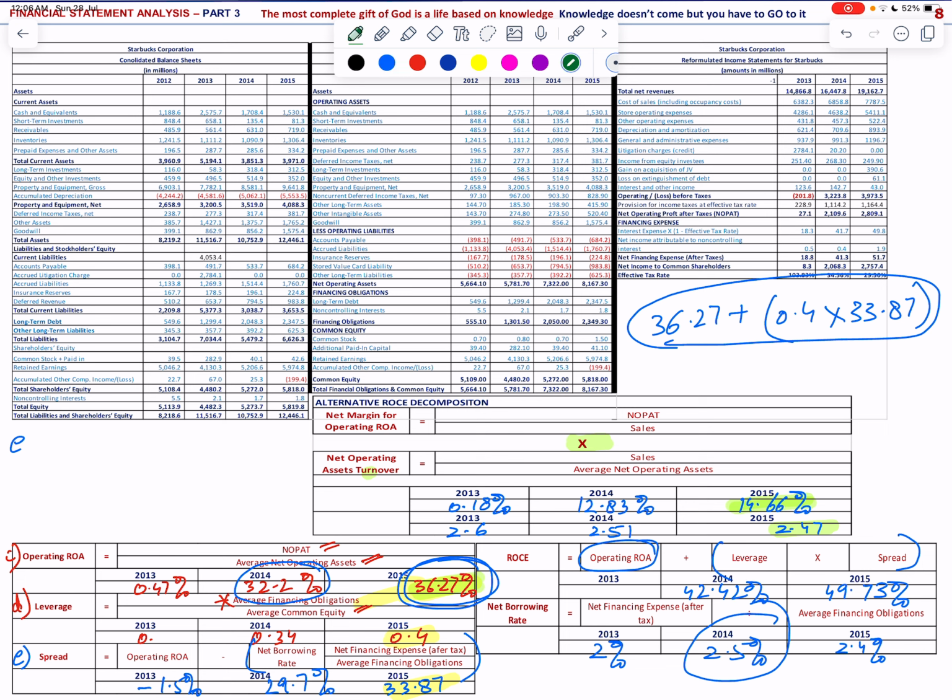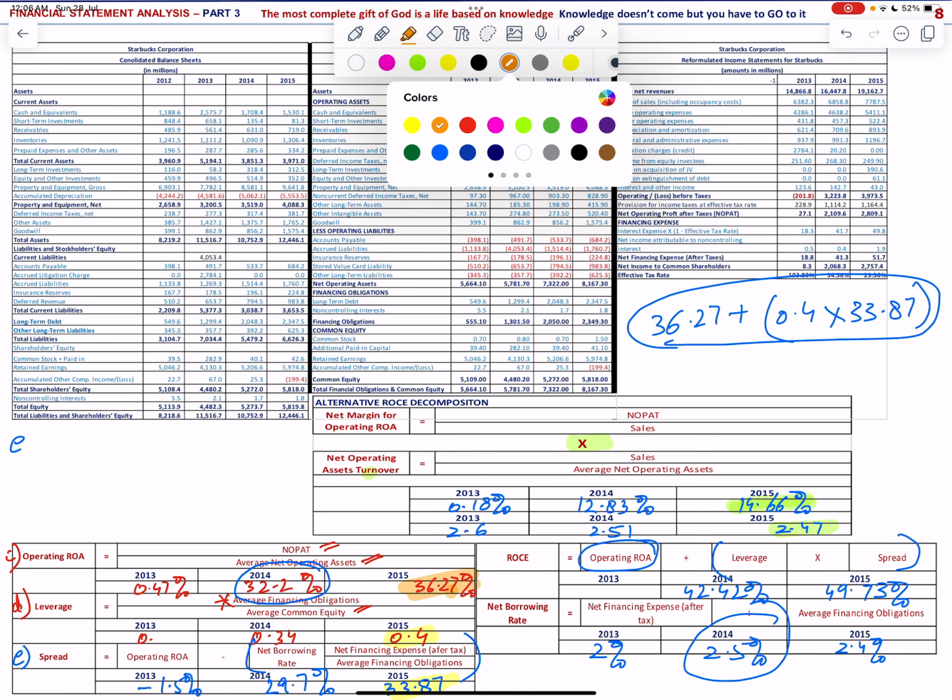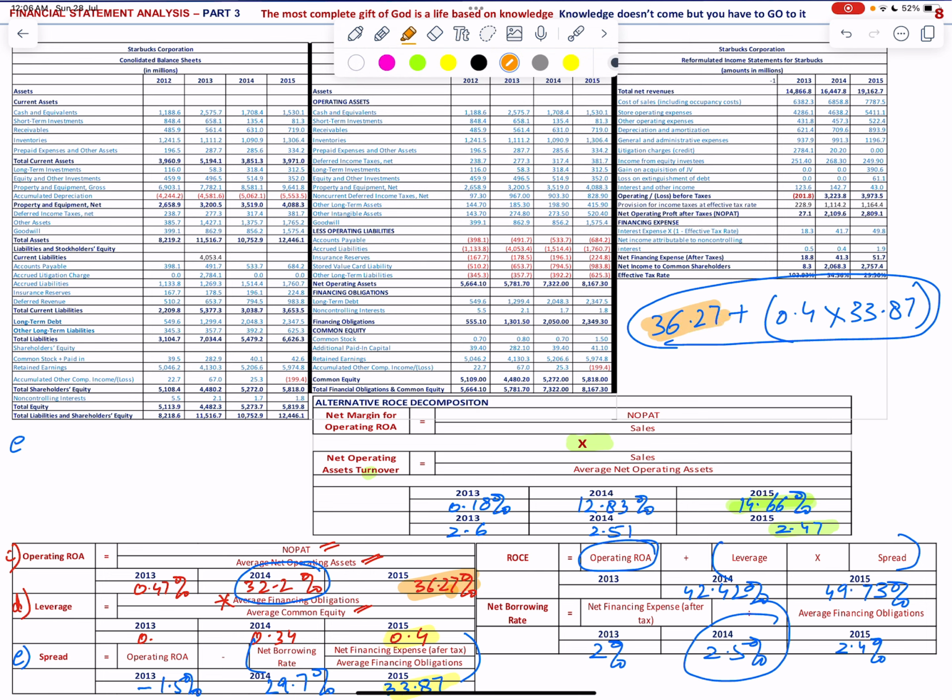So I just repeat, we have the operating return on assets, and that is 36.27.